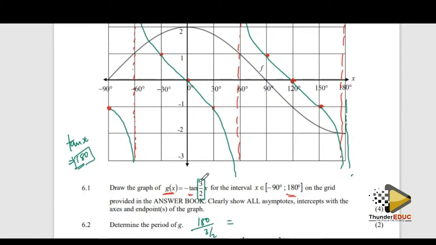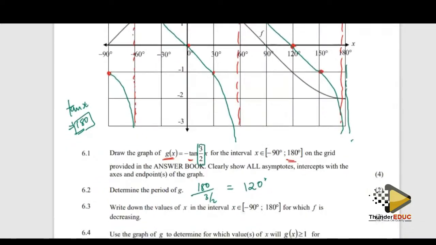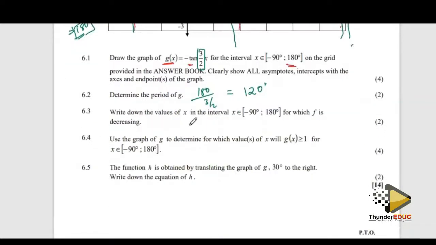Is it 180 divided by 1.5? Come on, calculator. Divide by 1.5, I'm getting 120. So my period is 120. So after 120 degrees, I should have a full graph of tan. All right.